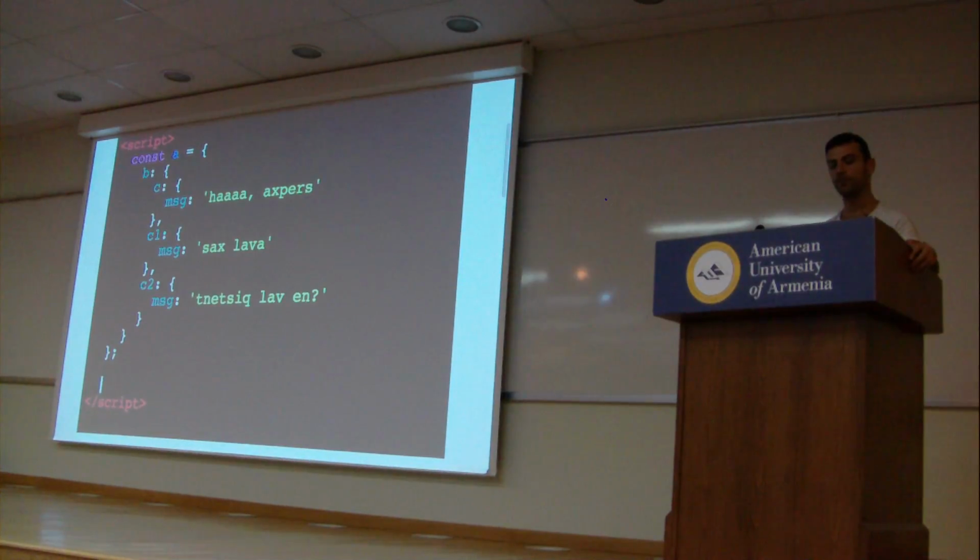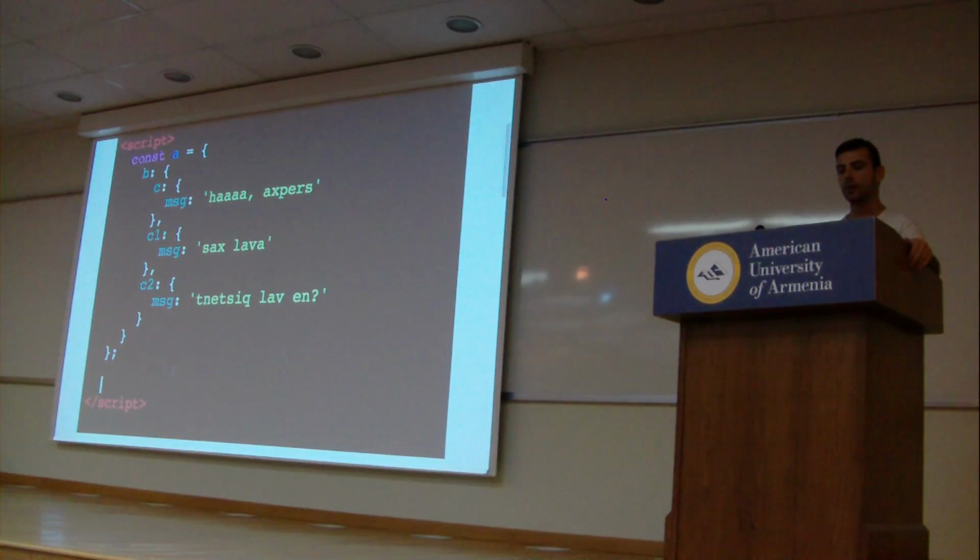So first of all, I want you to give me the code that would add a C3 to B, containing an object, containing a message, normal. You guys get the assignment?